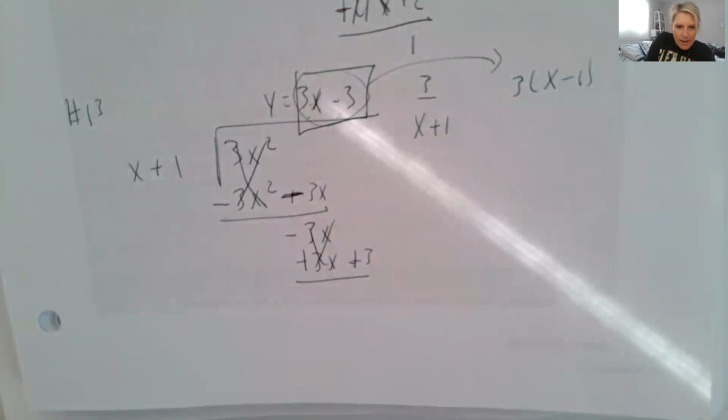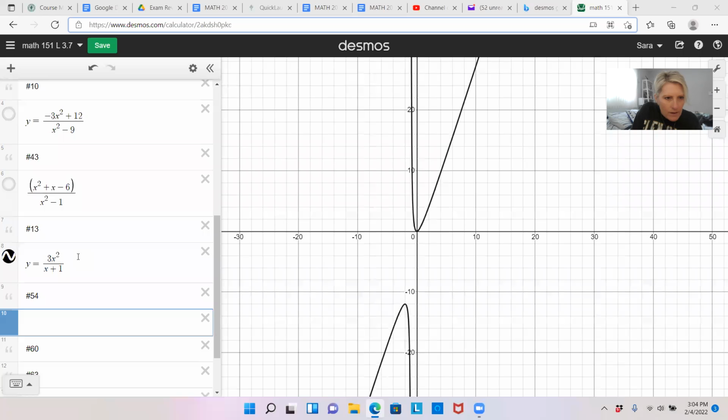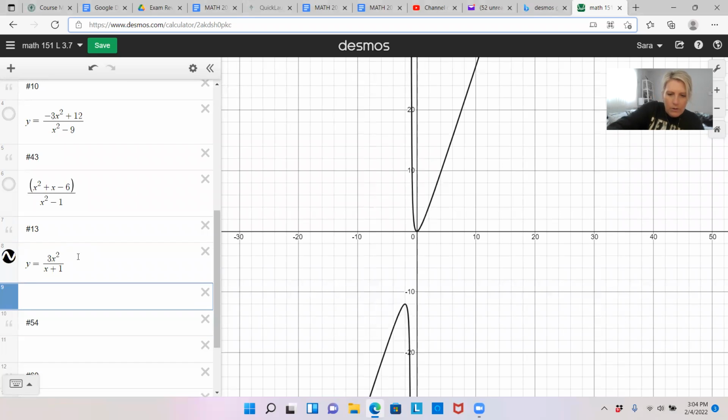Let's just go and look at that just for fun. We're learning something new. Let's go back up here and let's just do y equals 3x minus 3.